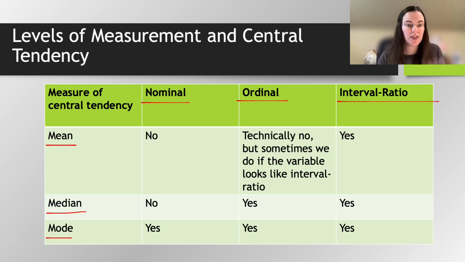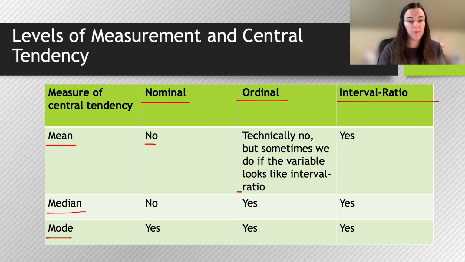In terms of the average, we would not calculate an average for a nominal level variable. Reason being, when we revisit our conversation about nominal level variables, they are ones that don't have any numerical attachment to them. There's no inherent value to it. Oftentimes they are questions that have a yes or no response. So in that case, you can't really calculate an average or mean value because there aren't any numbers to calculate.